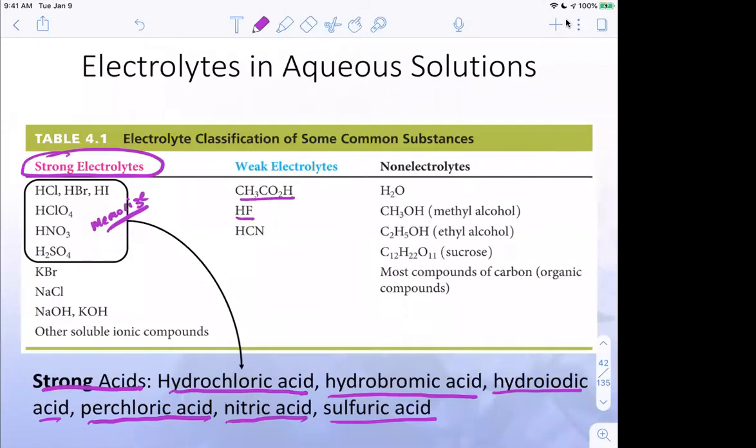These guys are weak acids. They do not have complete dissociation. If I'm not strong, I'm weak. You need to memorize these strong acids because any other acid outside of these examples will be a weak acid.